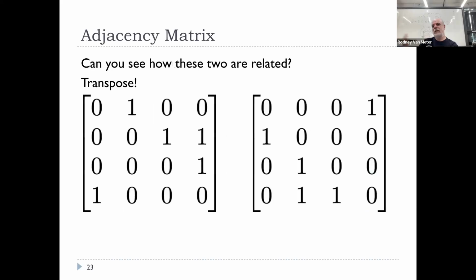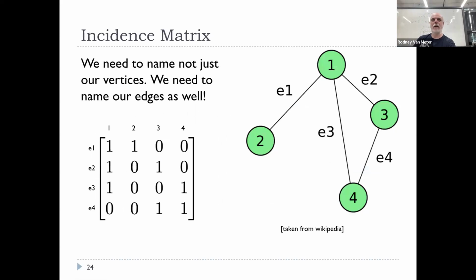You have to write things down if you need to calculate particular characteristics of the graph. So any questions about this? Either the adjacency list, the adjacency matrix, or the incidence matrix? Everybody's happy with this. All right.